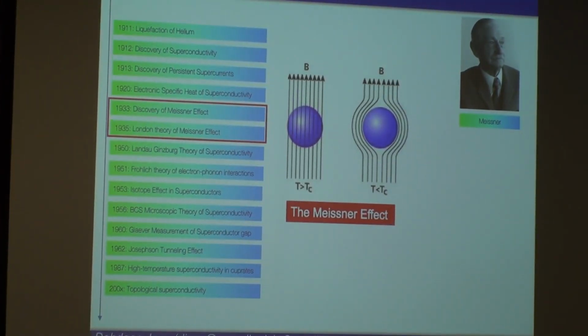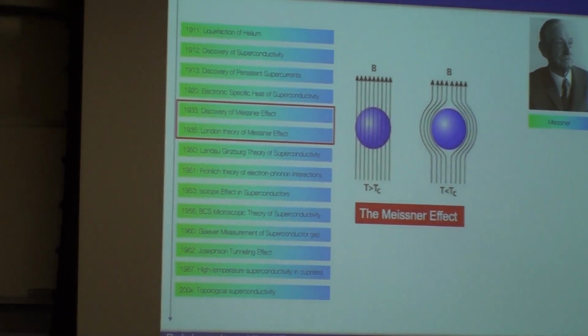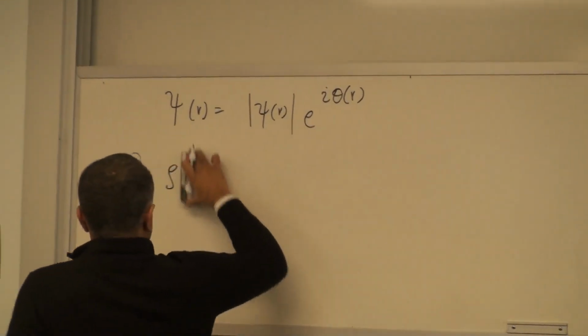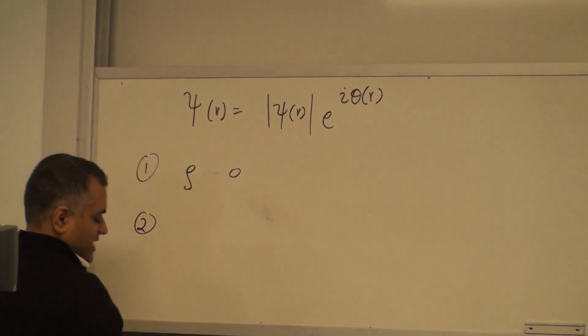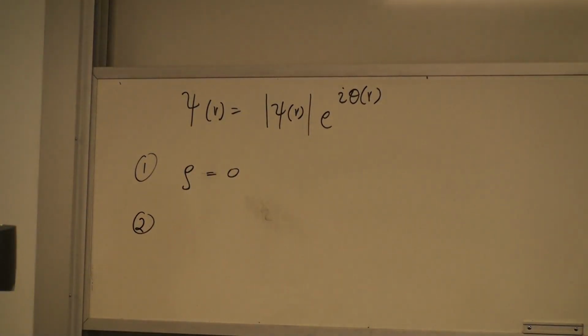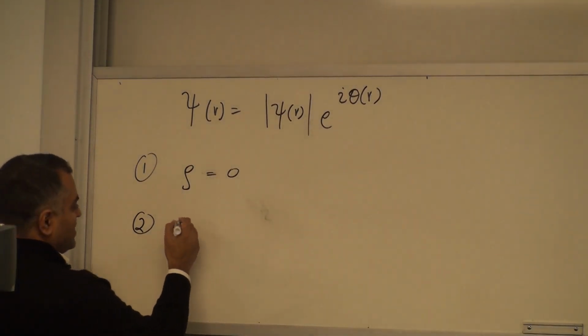So resistivity is 0. Actually, I shouldn't say goes to 0. It is exactly equal to 0, right? And that's something we discussed in some length last time. What does that mean? It means, for example, a supercurrent would go forever. It's not going to decay at all because the resistance is exactly 0.